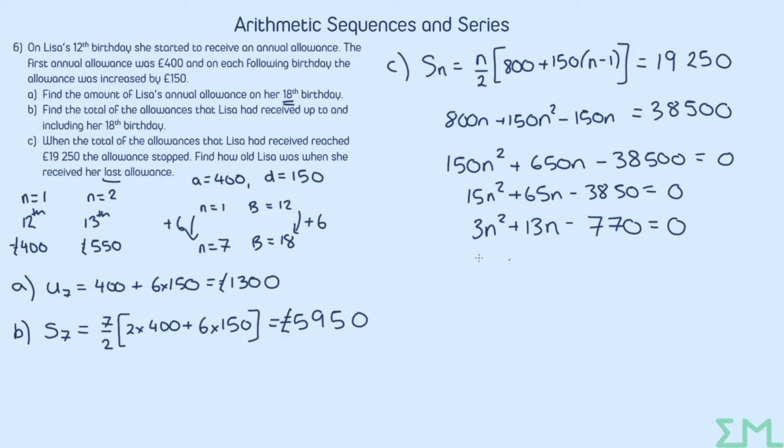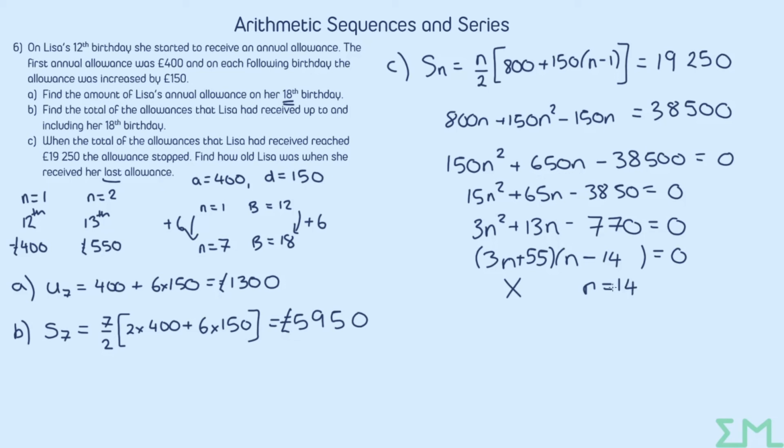So to make this quick, we're just going to pop this into the factorising function on our calculators, and we find it does factorise. So we're going to have a 3n at the front of one of the brackets, n at the front of the other. We get (n - 14) and (3n + 55). There we go. So this one doesn't give us a solution because n would be negative. This one does. n is 14.